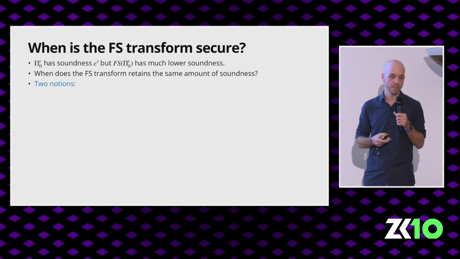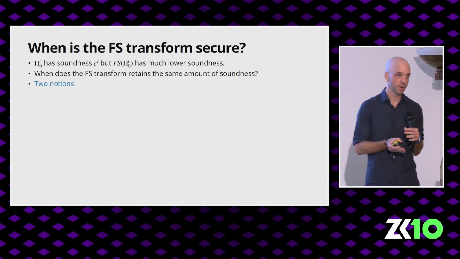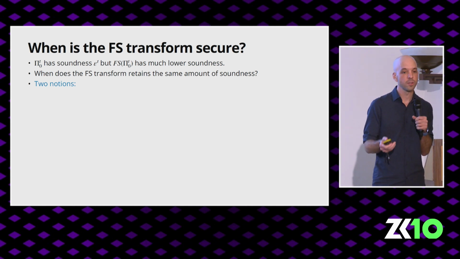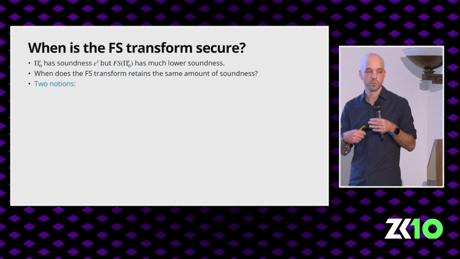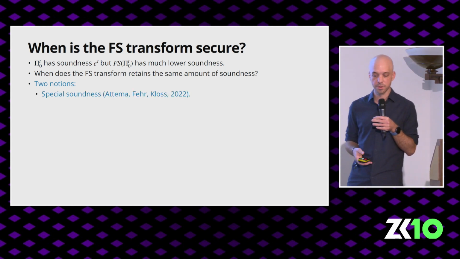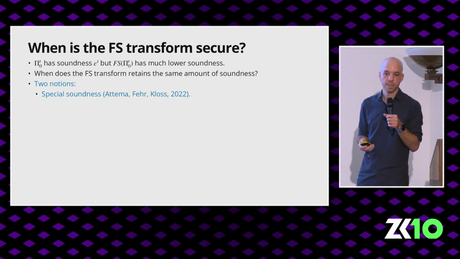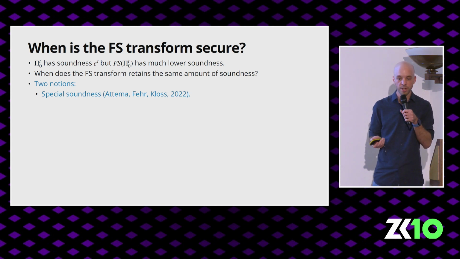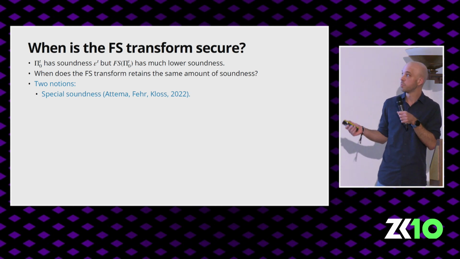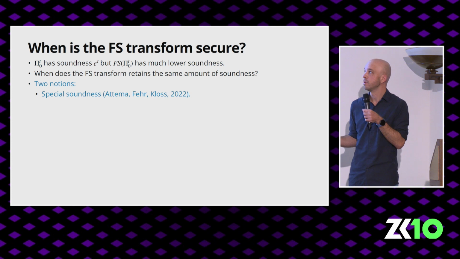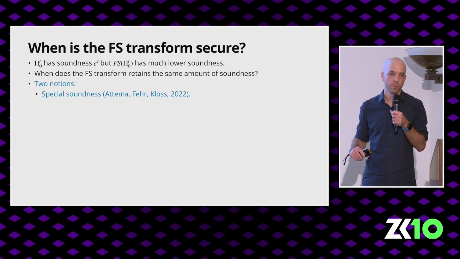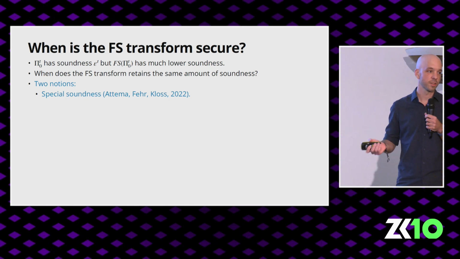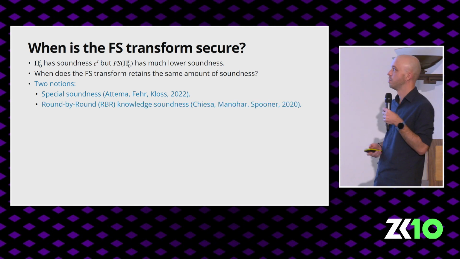You can do several things, but one of them is to prove that your initial protocol, the interactive one, satisfies some strong notion of security. There are several to choose from, but the typical one is special soundness. If you prove that your protocol is special sound, which I'm not going to define now, then the Fiat-Shamir transform of the protocol is, roughly speaking, as secure as the initial protocol.